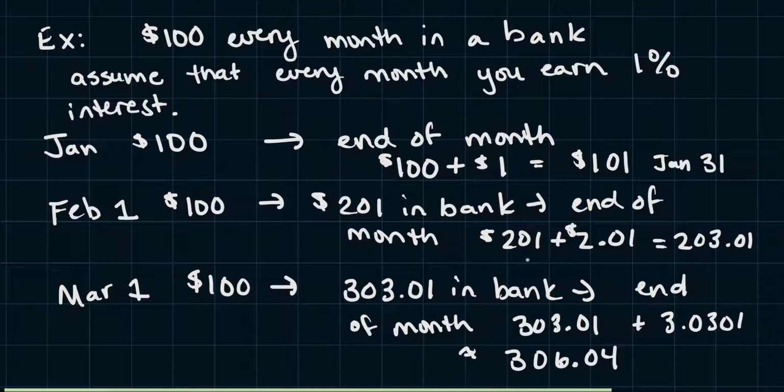So what we're going to be doing is we're going to say, suppose I put $250 or $100 in the bank every month, and every month I'm getting interest. How much money will I have after, let's say, 12 years or something like that? That's what we're going to be doing.